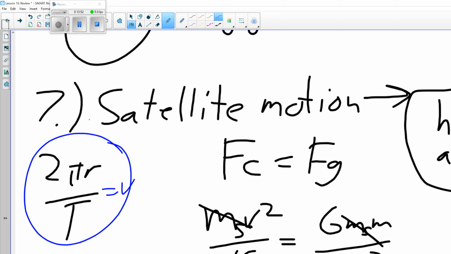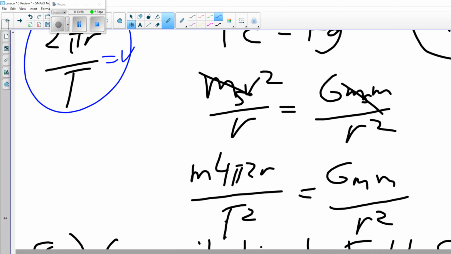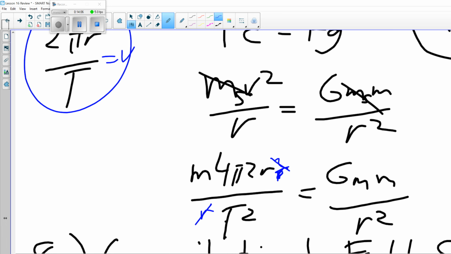And remember that when we do that, it looks like this, like what we did on our quiz today. So there would have also been this would have been r squared, and this would have been r on the bottom, so the r squared and that r on the bottom cancel because it's mv squared over r. So when we have all of that, it sets up like this.